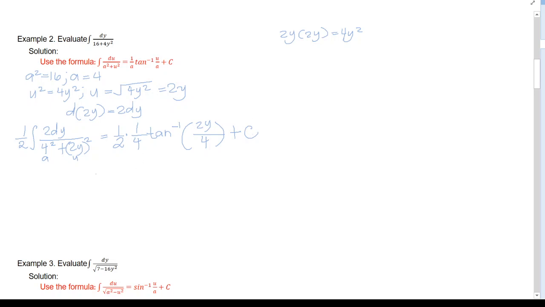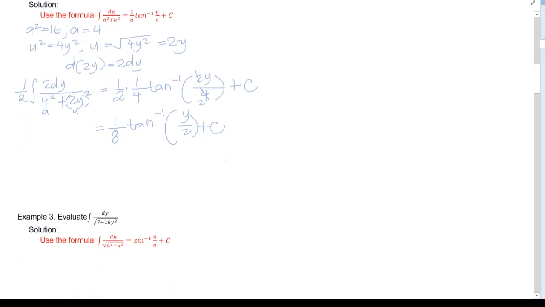Simplifying this further, it will give us 1 all over 4 times 2, that is 8, tangent raised to negative 1 multiplied by, for this one, let us reduce: 4 divided by 2 is already 2. So that is y all over 2 plus c. That is the integral for dy over 16 plus 4y squared.